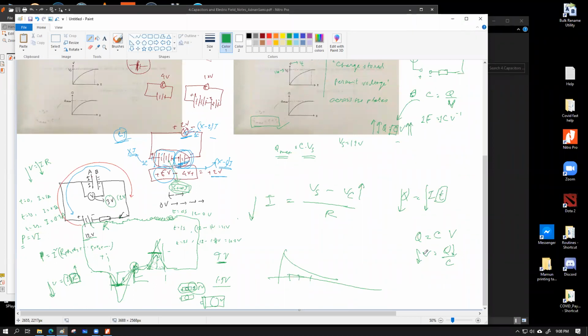The longer you, I mean, initially there will be high current increasing the voltage of the capacitor at a really high rate. The more the capacitor becomes charged, the more the voltage across the capacitor gets increased, the current will be opposed, because the effective EMF is going to become less.